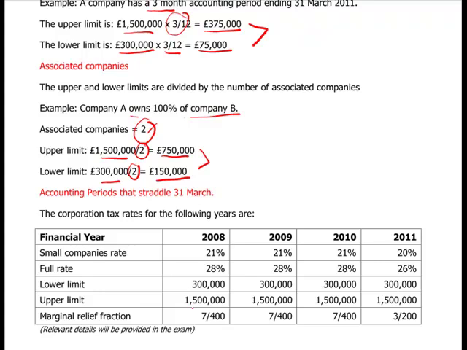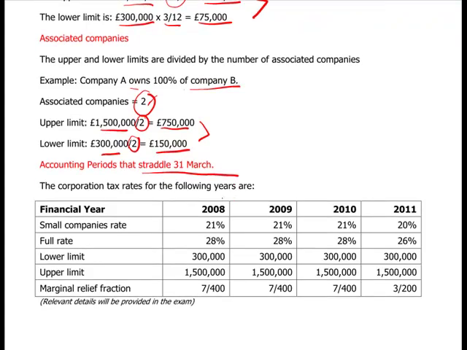Now, if your accounting period straddles 31st of March, you're going to have to watch for these different rates, because your financial year, okay, pretty much 21%, 21%, 20%. So you want to be able to put some of your profits that are going to be taxed into this year, because it's a lower rate. Look at this on the main rate, how it's dropped recently.